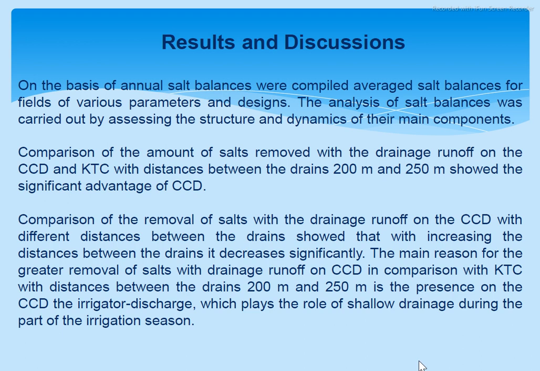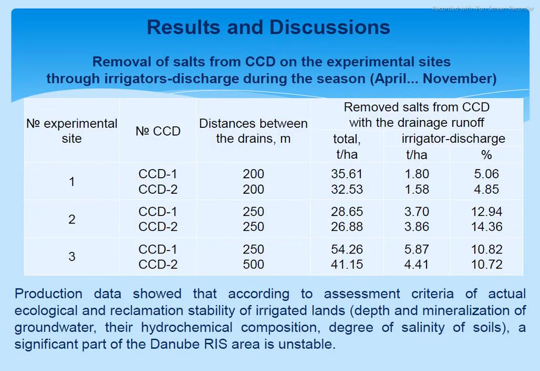The main reason for the better removal of salt with drainage runoff on the cart check with drainage is the presence of irrigator discharge, which played the role of a shallow drain during part of the irrigation season. The amount of salts removed by the irrigator discharge was almost 15% of the total amount of salts removed from the cart check with drainage by the whole drainage network.